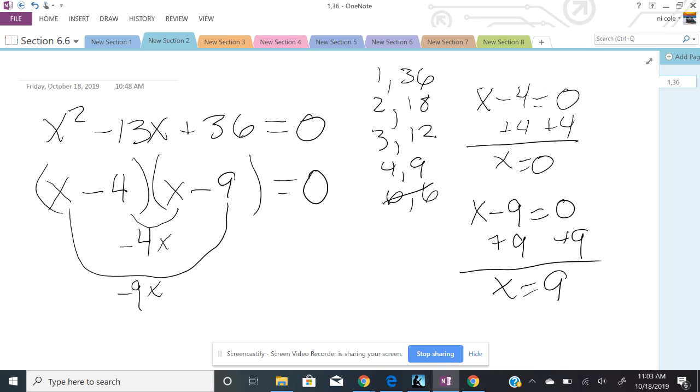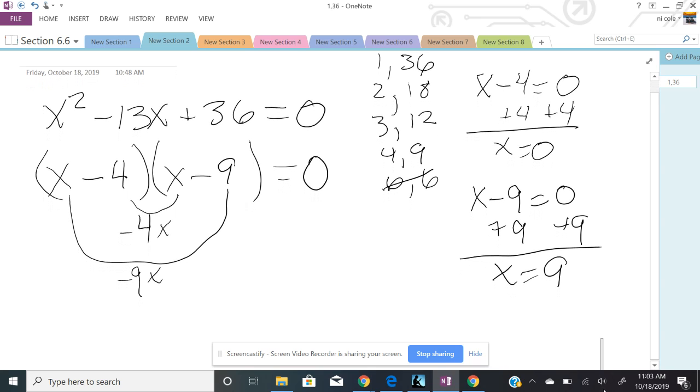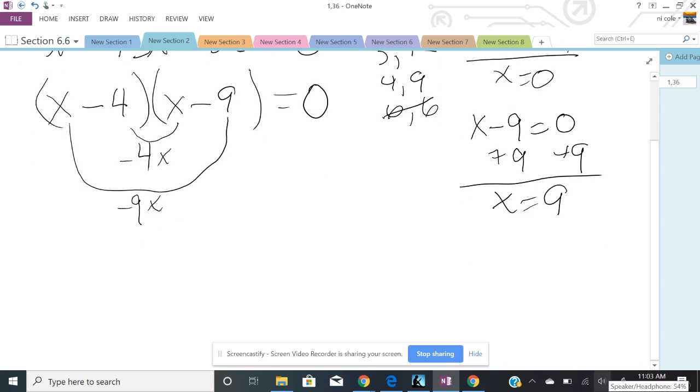So when you go into MyMathLab, you're going to give the answer x is equal to 4, 9, because they want to know all the solutions that x could equal to make that equation equal to 0.